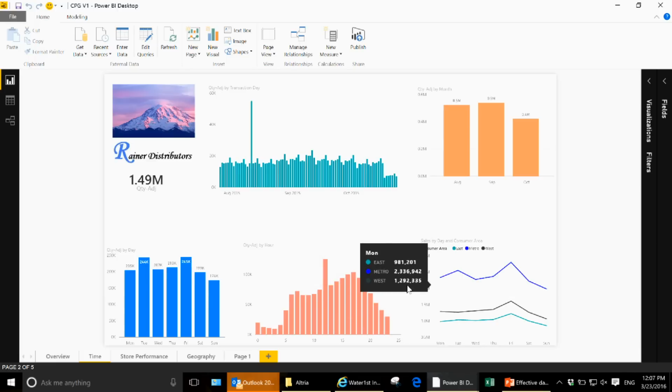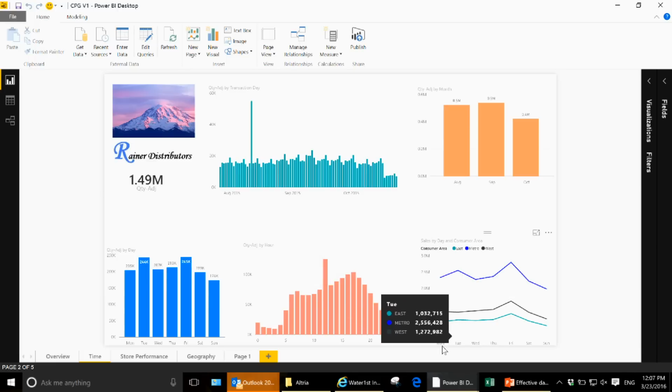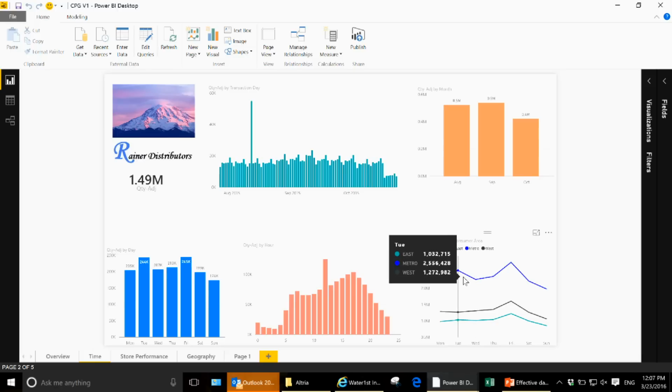And then finally, this is the by region view, so by day and by region. And here's what I see: exactly the same pattern exists for all three with one exception, and that exception is Tuesday. On Tuesday in the metro area, there's this big spike in purchase of beer and wine. Why is that? If we brought in demographic data for the state of Washington, we would see that incomes are much higher in the metro area.